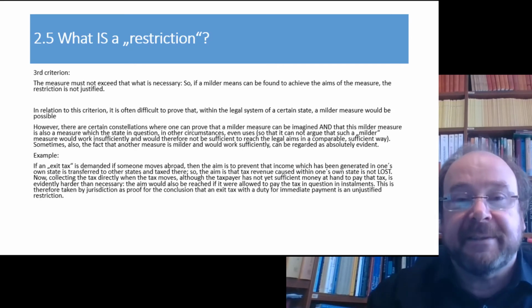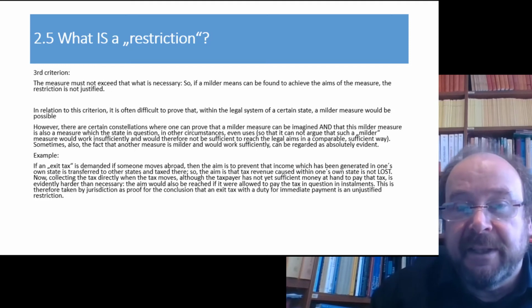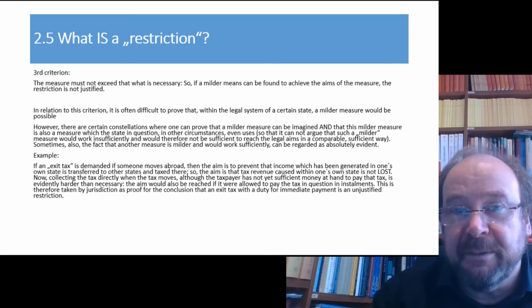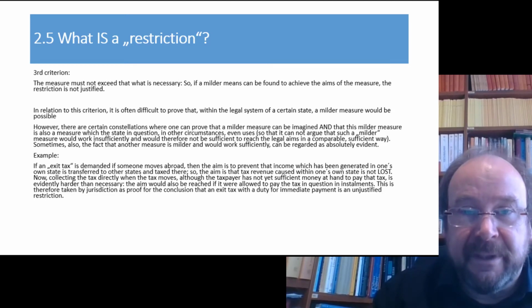So if an exit tax is demanded, if somebody moves abroad, then the aim is to prevent that money is lost for the state which has already been generated, and the only thing which is still missing is a formal realization. So the aim is to prevent arbitrary losses of tax revenue.